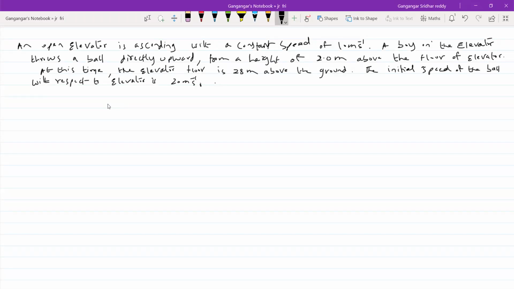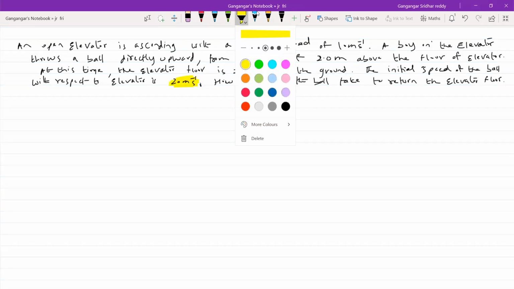So you have to find how long the ball takes to return to the elevator floor. Okay, read the question. Some data you underline. This is very important. Some information is given.